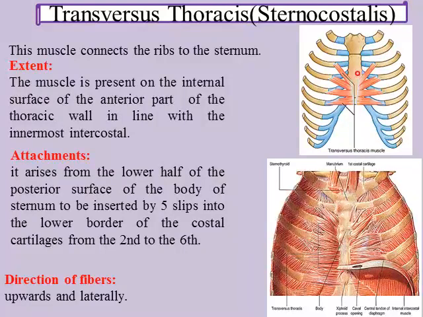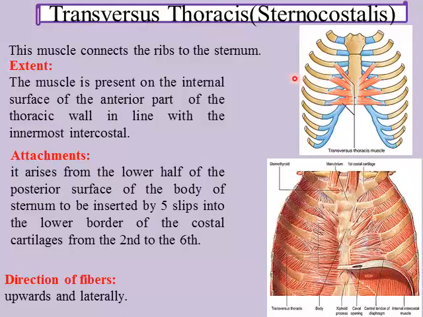They arise from the lower part of the body of the sternum, from the internal surface of the back of the sternum, the posterior part of the body of the sternum. So this muscle is present in the anterior part of the chest wall. As we said before, the muscle layers are divided into 3 layers.